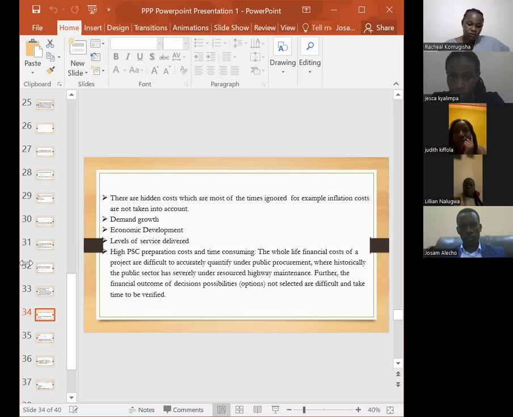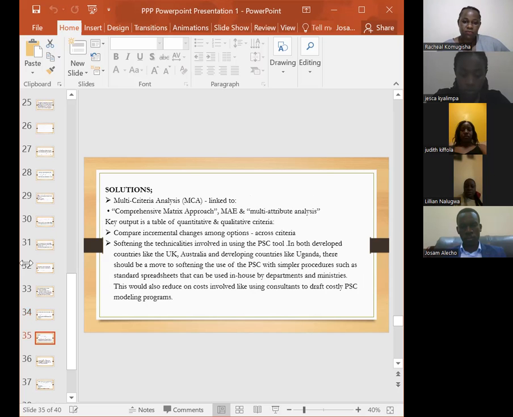So those are some of the weaknesses that the PSC faces, and here are suggestions that can reduce the weaknesses that come with the adoption of the PSC. These include multi-criteria analysis. That is where the government uses different analyses to compare different projects, so as to assess the value for money instead of using the PSC only.